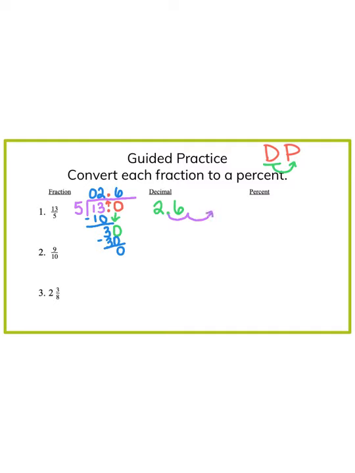Again, I have this blank space when I moved it over the second time, so I need to fill this in with a placeholder of 0. So my percentage is 260%. And I'm going to include my percentage sign in my answer.